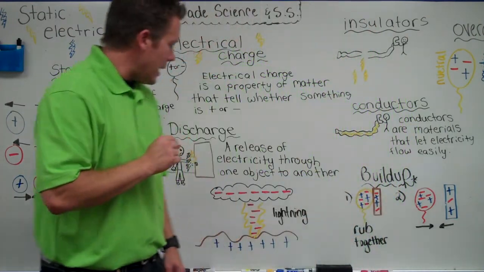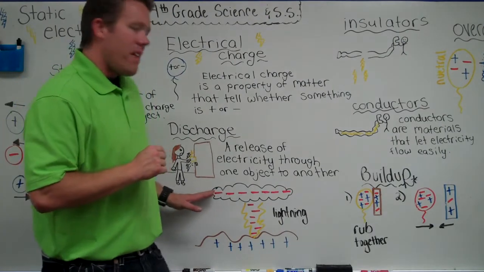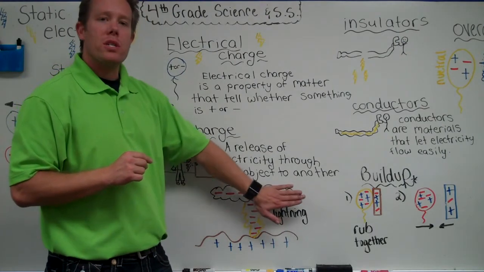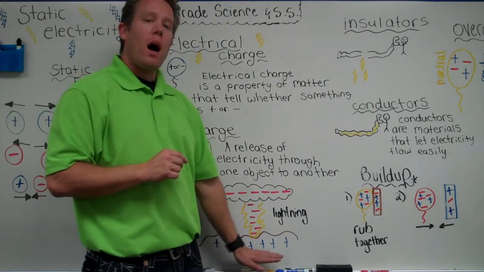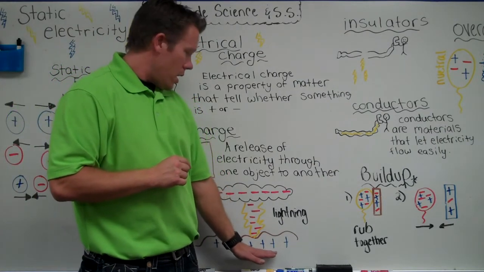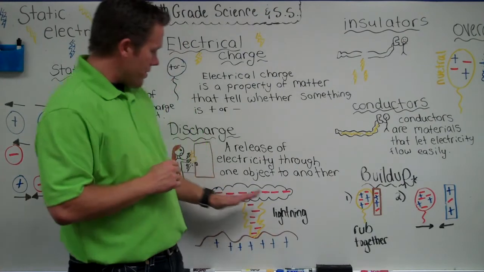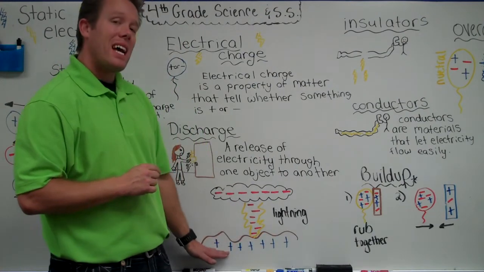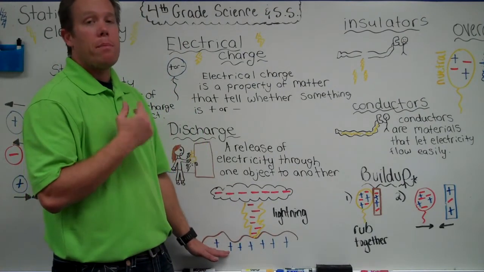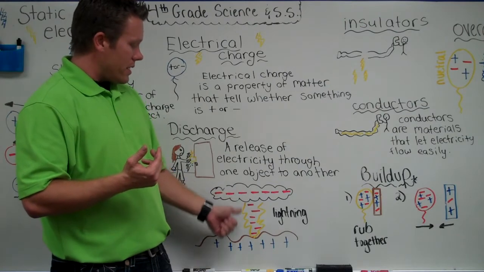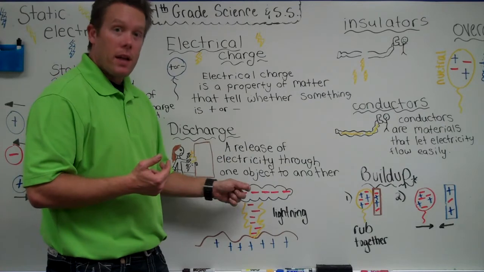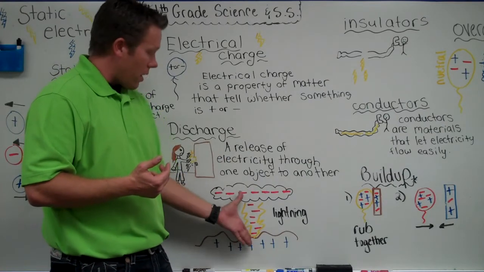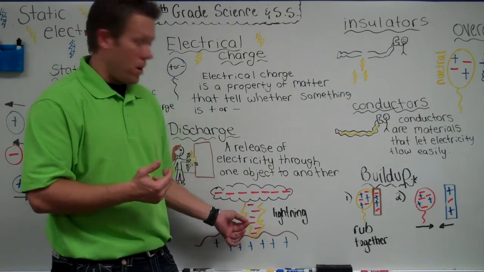This is also how lightning works, okay? If you have a buildup of negative charges in the clouds, and you have a buildup of positive charges on the ground, you have static electricity here and static electricity here now because you have a buildup. When there is a difference, when they are different, right? Negative is different than positive. They are going to now be attracted to one another.